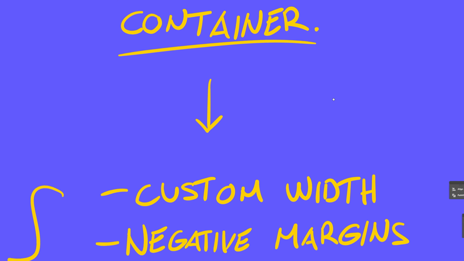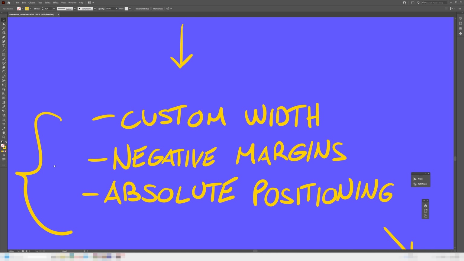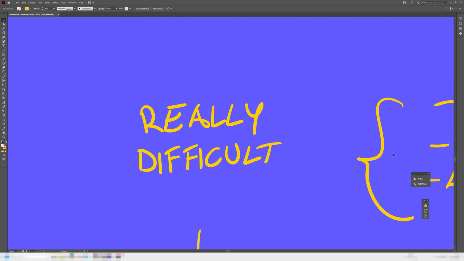I know a lot of tutorials like to use this custom width, negative margins, absolute positioning, and all of that stuff just to avoid using too many containers. But that makes for a website where it's really difficult to know how things are set up unless you're the one who set it up.